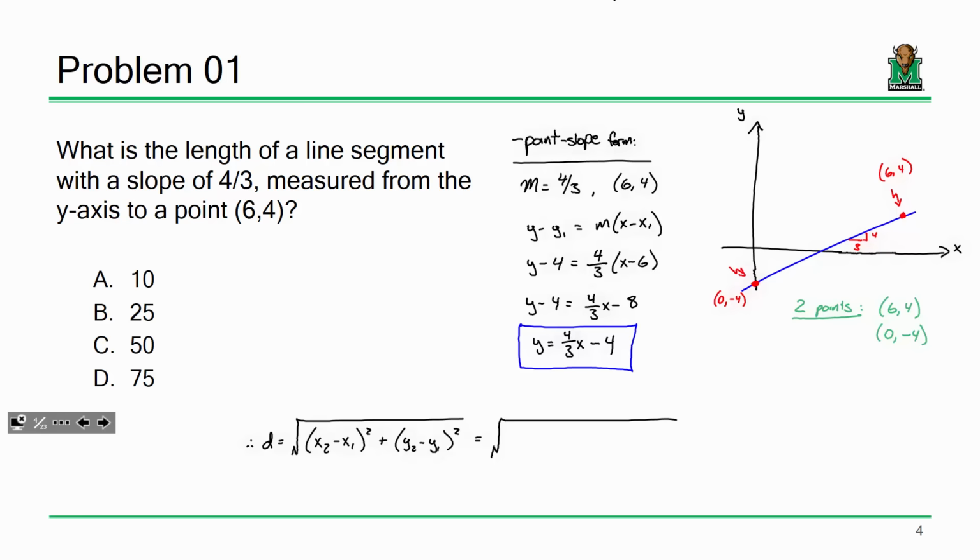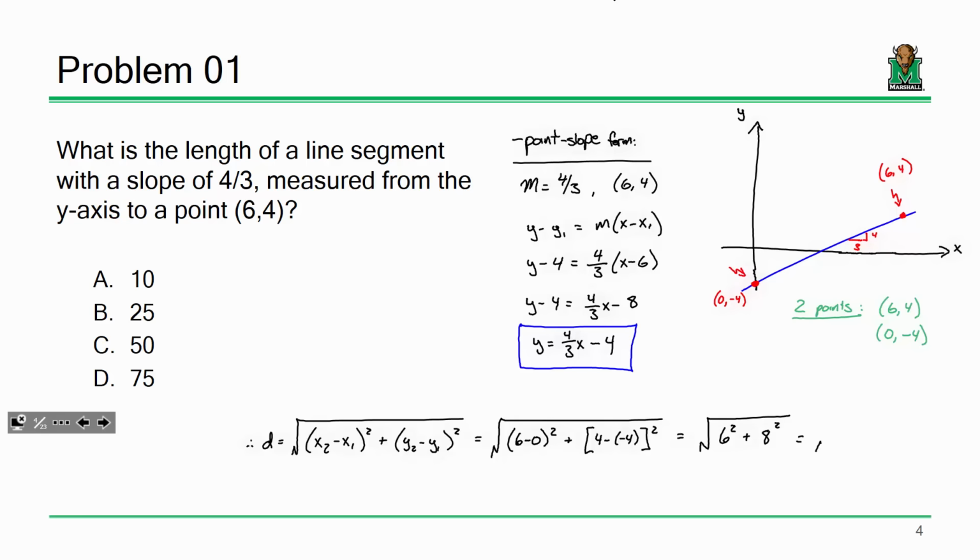So we've got 6 minus 0 squared plus 4 minus negative 4 squared. So that's the square root of 6 squared plus, what is that, 8 squared?